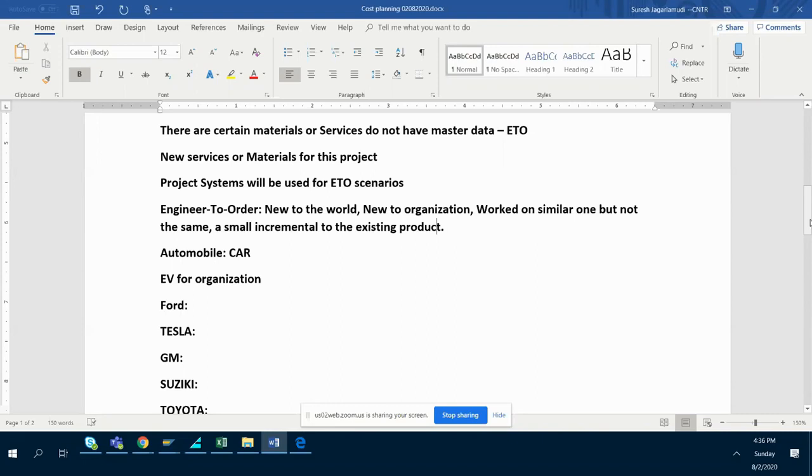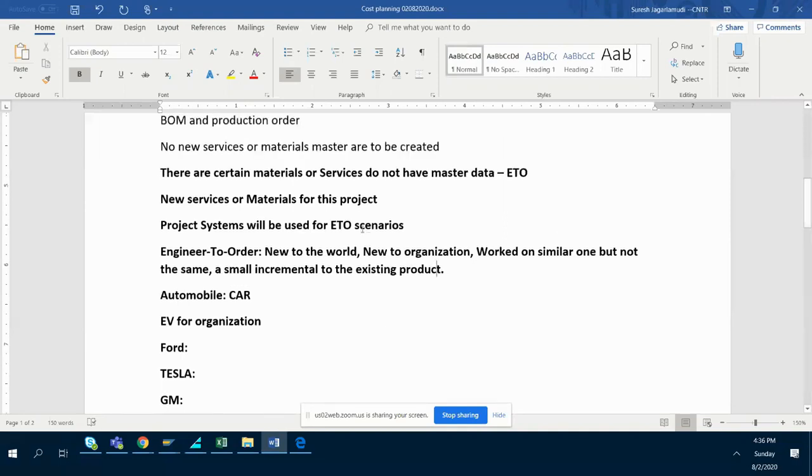Actually it comes under work on similar one, but not the same. In that category it will come, because the vehicle is already there, but the type of vehicle they need to manufacture is totally different. Last time they used to manufacture fuel based, now they have to go electric based. So they have to revamp the whole design, so it will come under engineering to order.